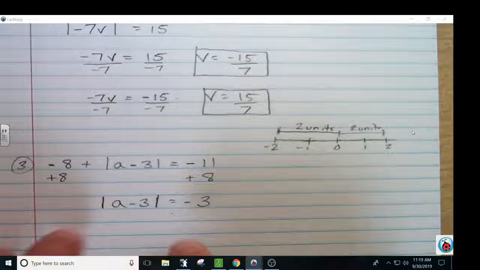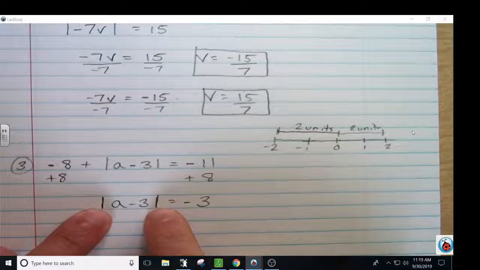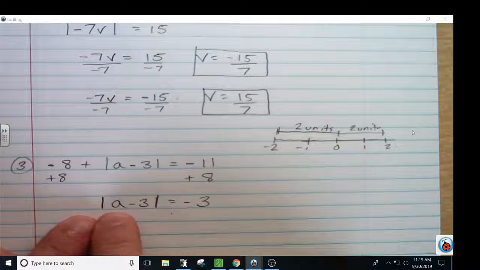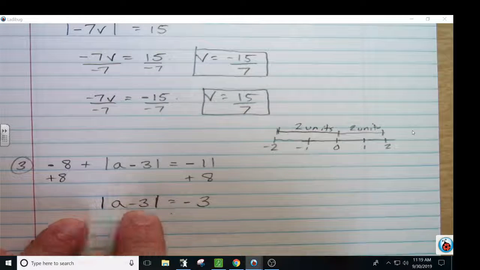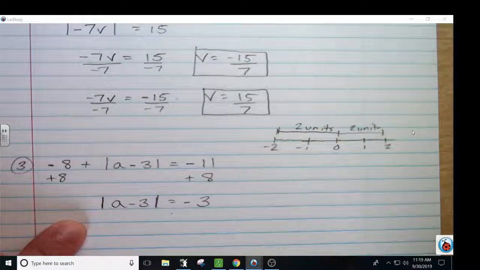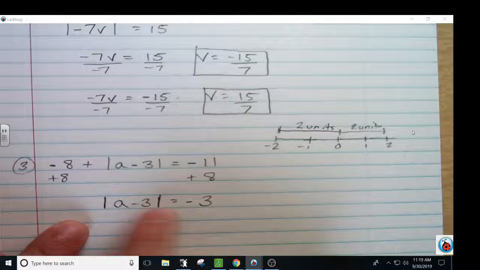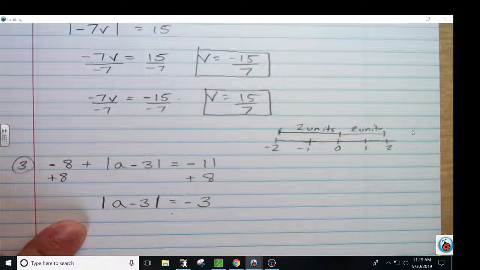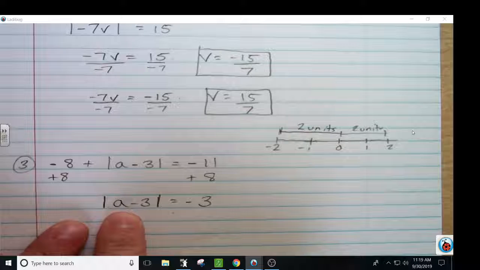So what I've got is the absolute value. Now, guys, no matter if I put a positive or negative number here, what's it always going to be? Positive. No matter what you put in this absolute value bar, it's going to be a positive number. Is there any way to get a negative number if I put something inside absolute value?